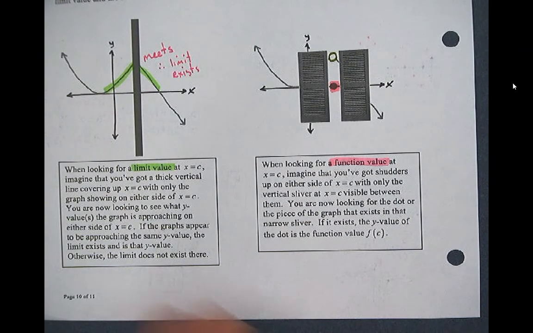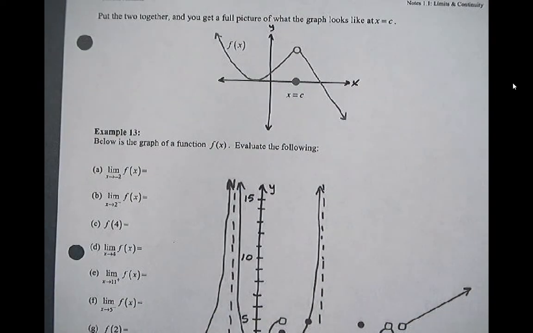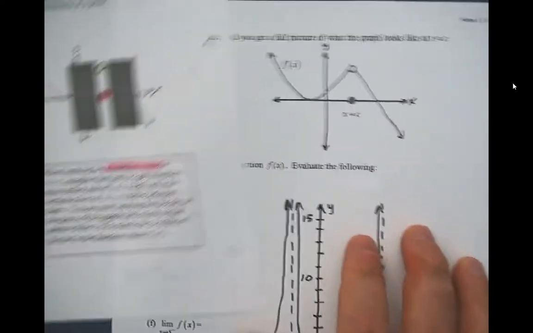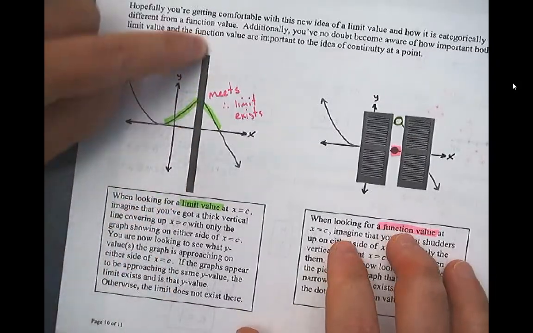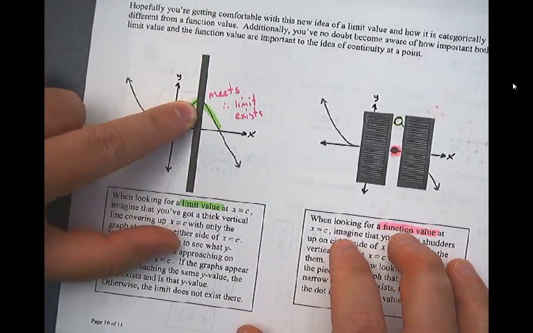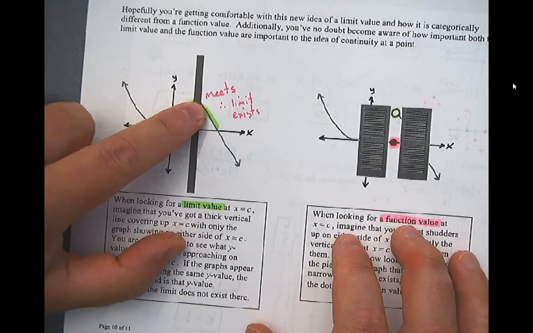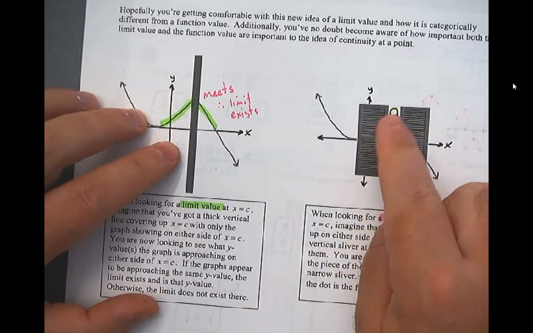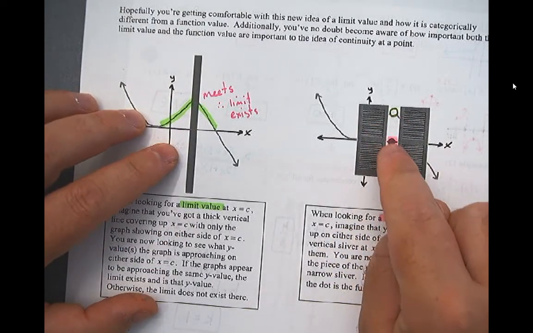So let's look at a bunch of different ones. This is what that picture was supposed to be. If you unveiled this, what he did here was we didn't know what was happening at the point, but we knew that the graph met. That meant that the limit exists. We didn't know whether the point existed, but we knew that the graph met.